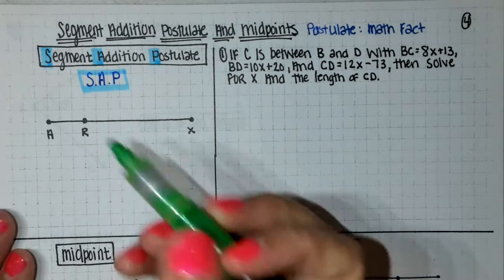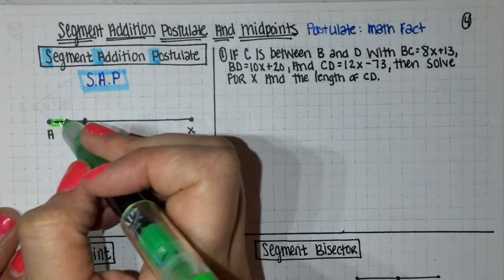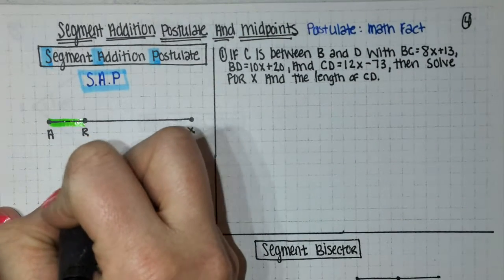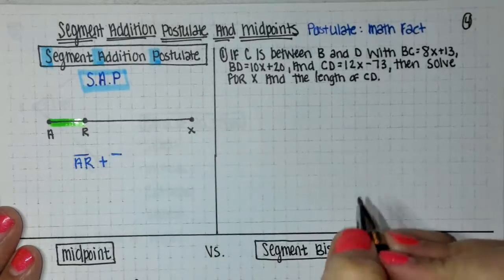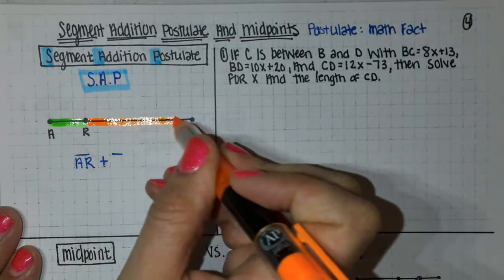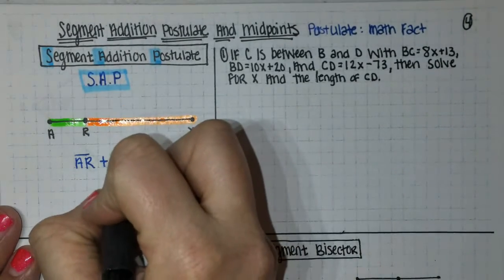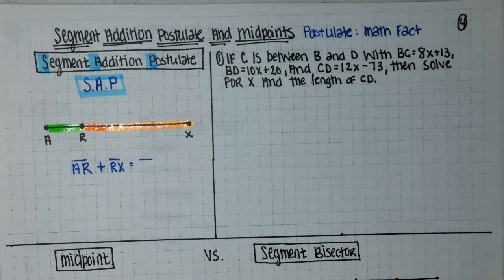All this means is that I'm going to add small segments together. So the length of segment AR, plus the other segment, segment RX, so R all the way to X, when we add both of those segments together, the outcome is the full segment of AX.